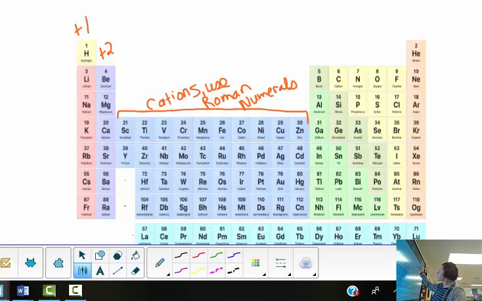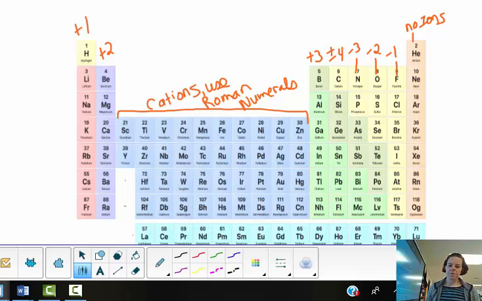Okay, these guys right here form +3. These are plus or minus 4. They don't really form ions, so don't worry about how you figure it out. These guys form -3. This is the -2. This group is -1. These guys, no ions. Okay, so it's super helpful. You should have that written on your periodic table, okay?